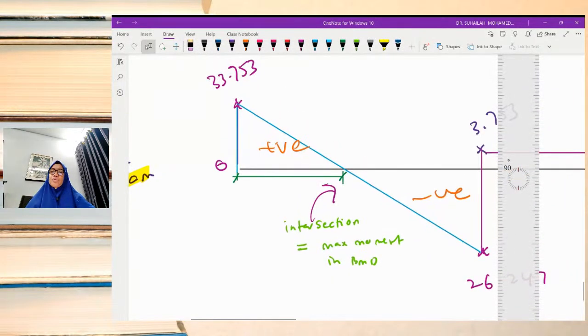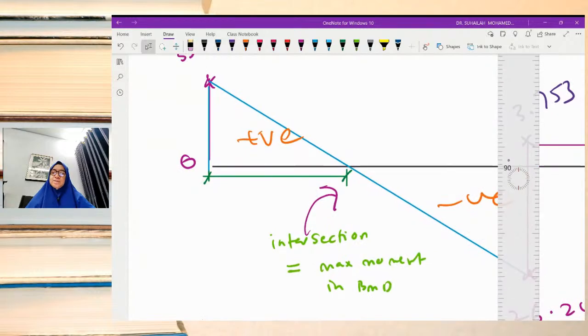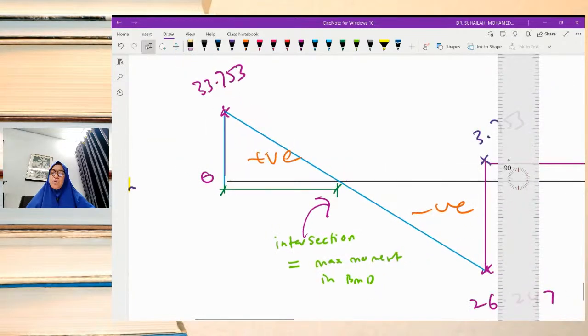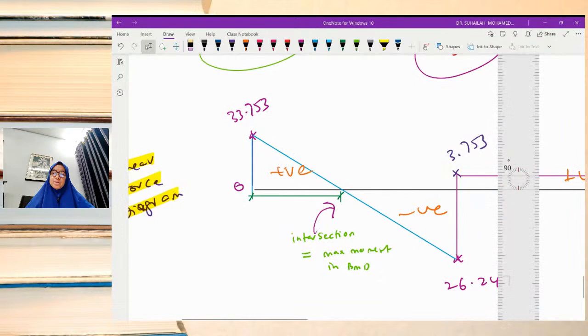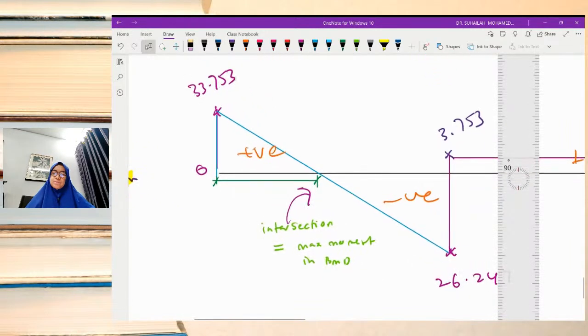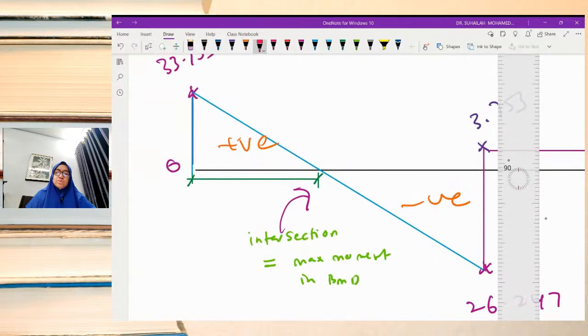So how to get this? This value will be equal to 33.753 divided by 5, the UDL, so we get from kilonewton per meter to meter.